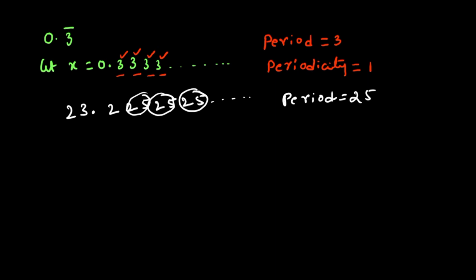So this is the period. And what is the periodicity? The periodicity is that two numbers are repeating continuously, right? The 25 is 2 digits, so 2 is the periodicity. So I hope you understood what is period and periodicity.